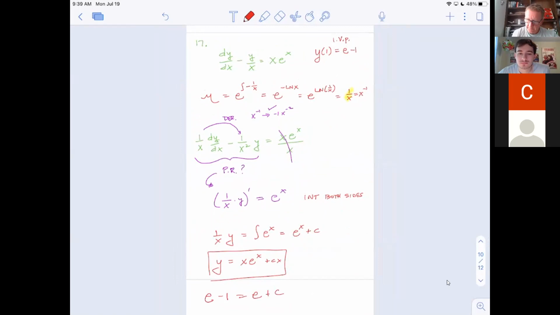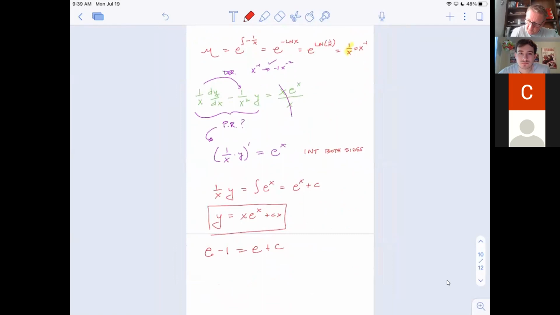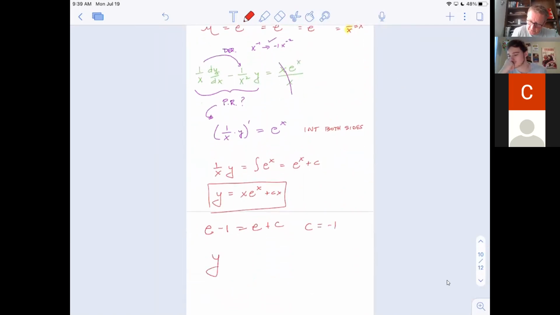But if x is 1, then I see now that c must be -1. So that means my particular solution to this is actually x e to the x, and C is -1, that'd be minus x. So that's actually my full solution here. So let's go back to the screen and see if we can actually do that.